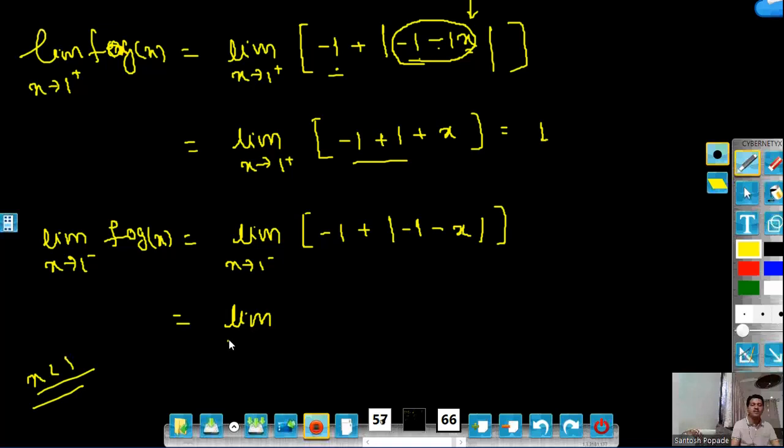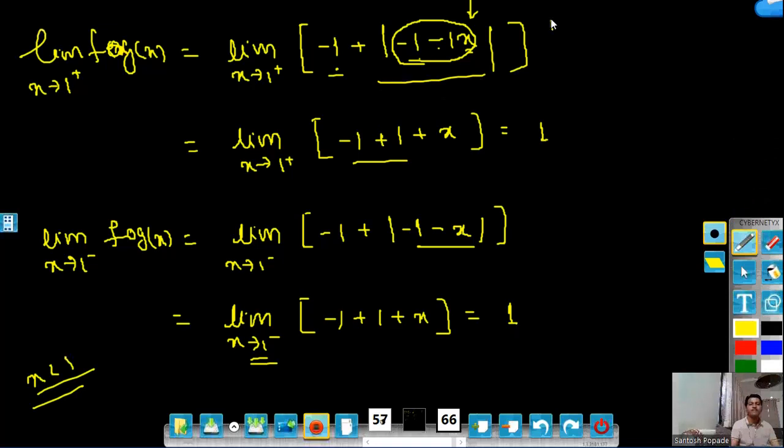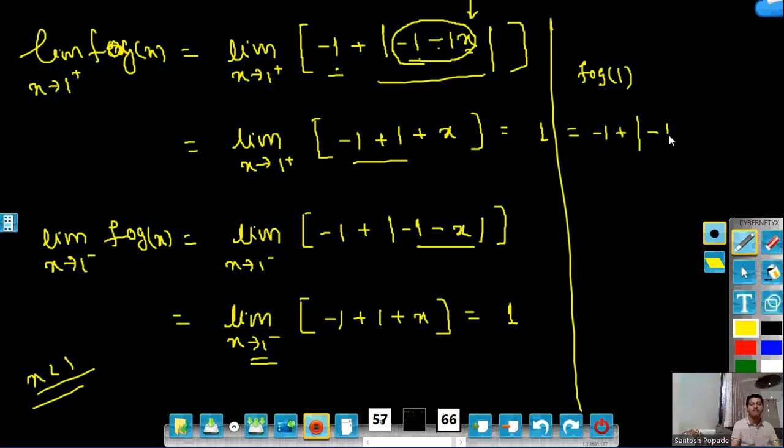Even though it is to the left side of 1, it is approaching 1, so it is still positive, which means in this case also I should take mod x to be x only. The term inside the mod is minus 1 minus mod x, which will be x here also, because x is positive. Even if it tends to 1 from the left side, it is close to 1 and on the positive side. So I can write like this.